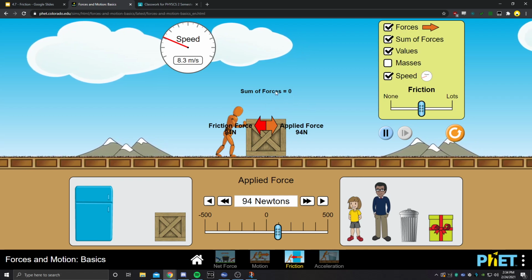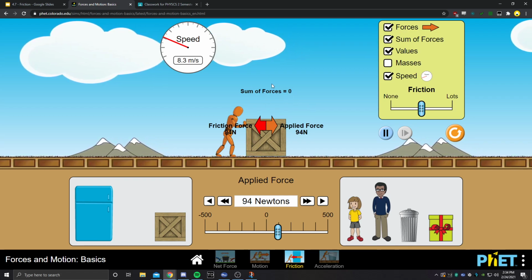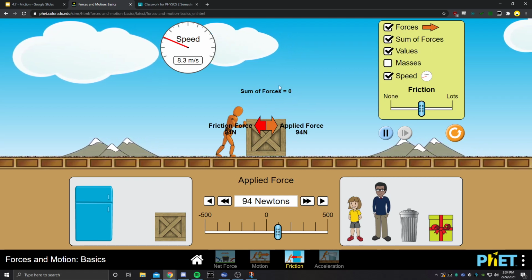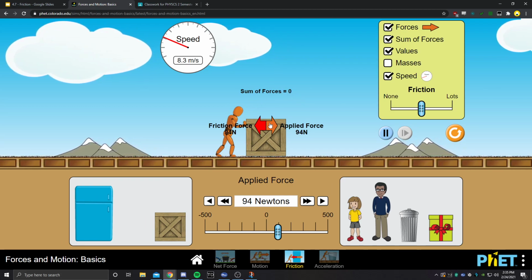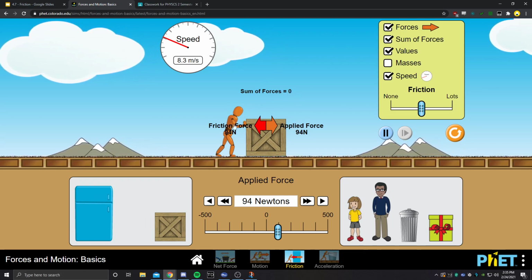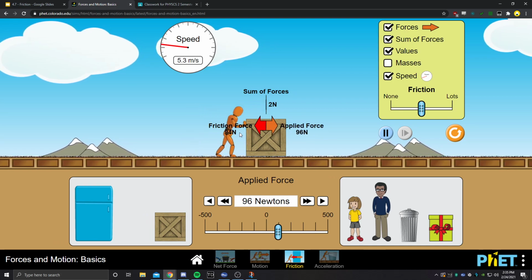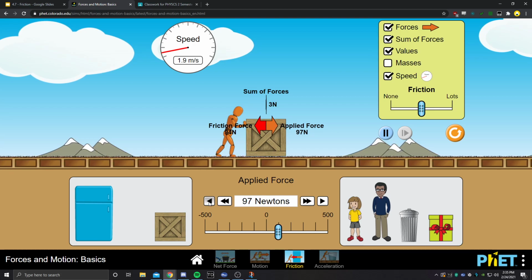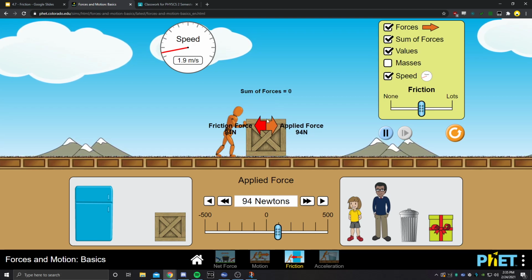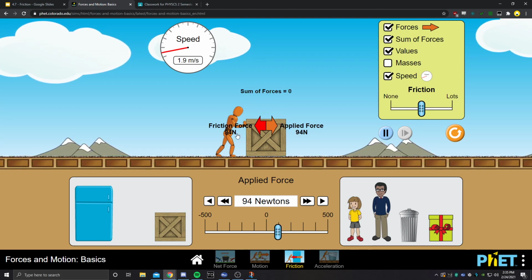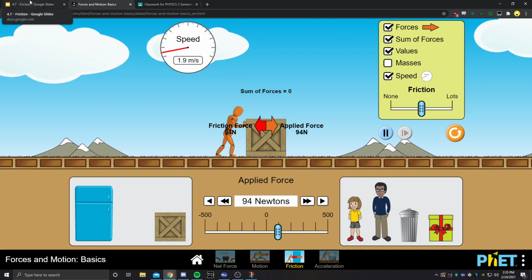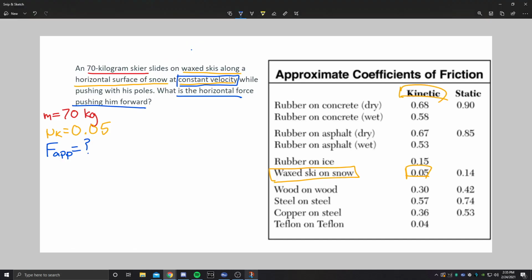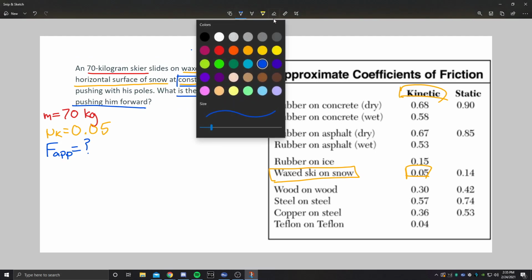So for you to travel at a constant velocity, your net force must be 0. For your net force to be 0, both your applied force and your frictional force must be equal. So your applied force must be equal to your frictional force in this case, and this is kinetic friction, because the object is moving.